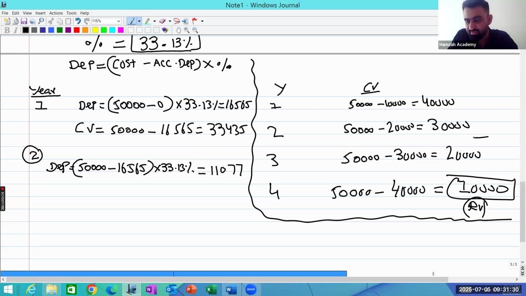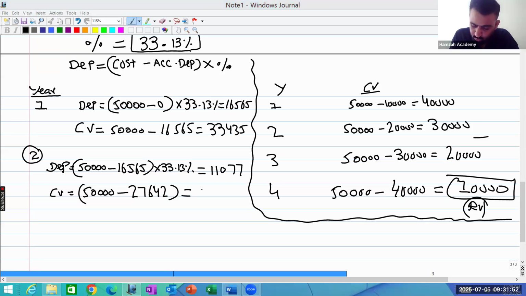So the accumulated depreciation will be 27,642, and the carrying value, cost less accumulated depreciation, will be 22,358.